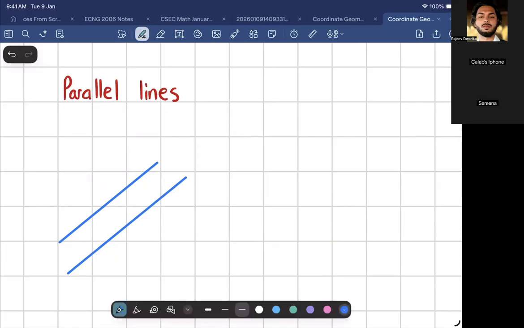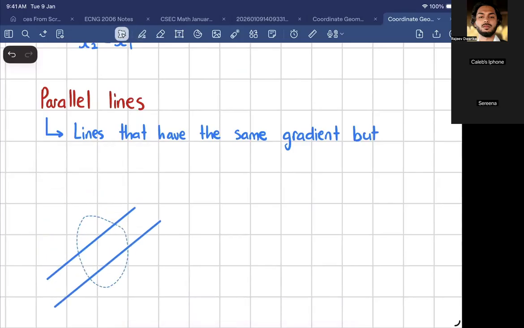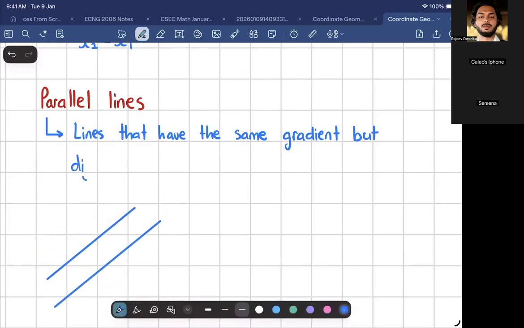Yeah, so the thing about parallel lines is that they have the same gradient. But Serena, they would have the same gradient, but what would they not have in common?